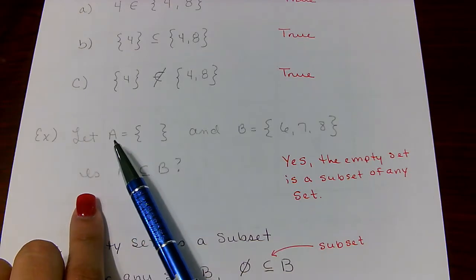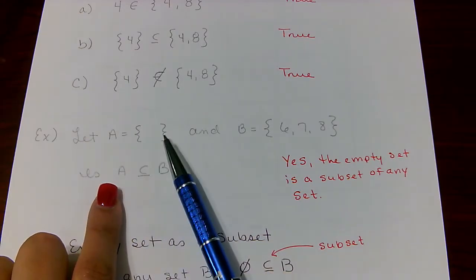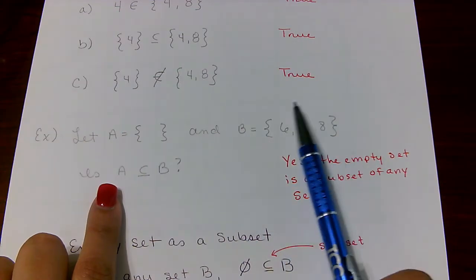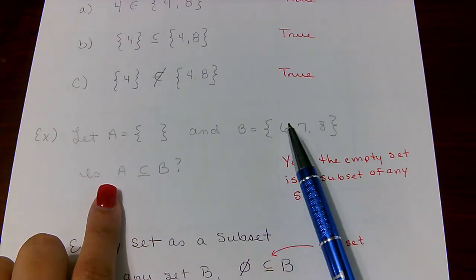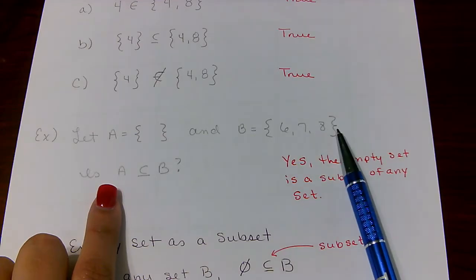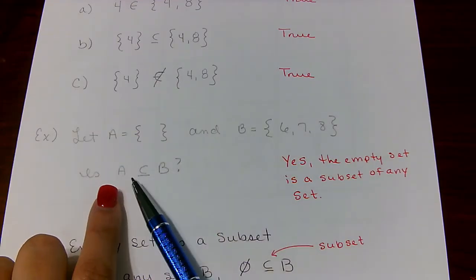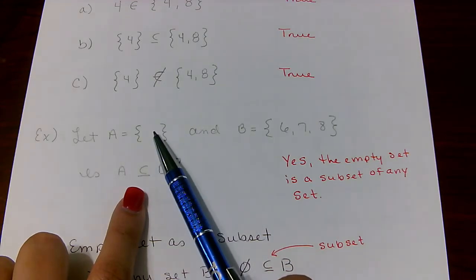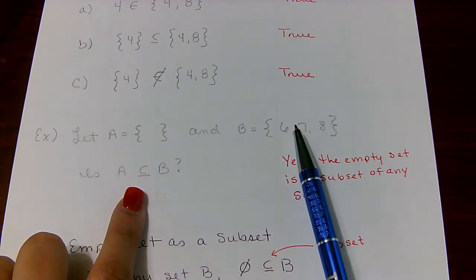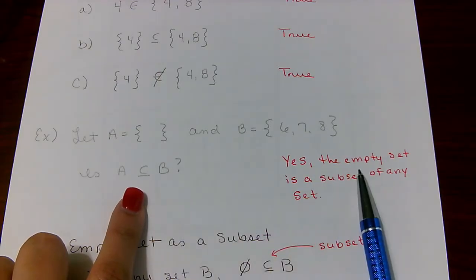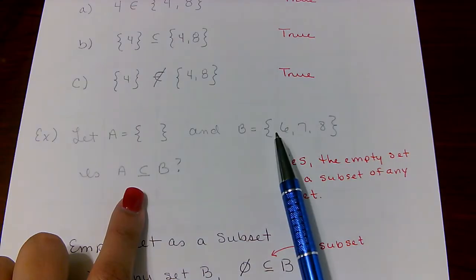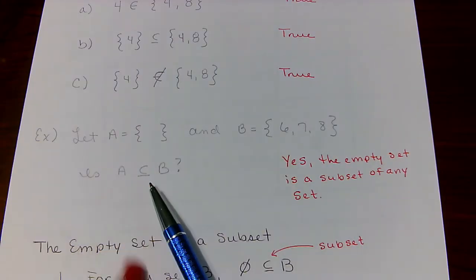We're going to let A equal an empty set and B equal this set, which contains the elements 6, 7, and 8. Is A a subset of B? Is this element in this set? The answer is yes. The empty set is always a subset of any set.